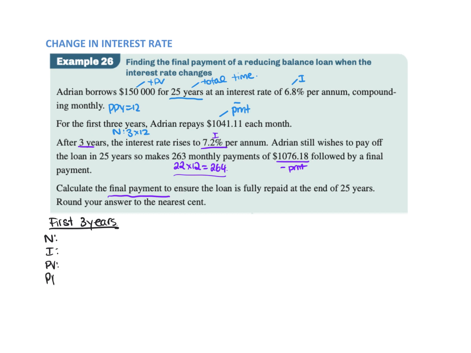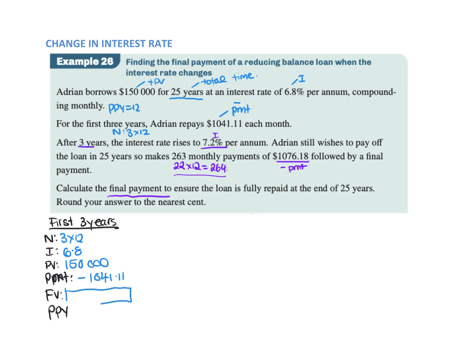So I'm writing down payment, FV and PPY. Let's write down what we've got. It's the first 3 years, so it's 3 times 12. The interest rate was 6.8, and he borrowed, so he got it in his hands to begin with, and he's making payments initially of 1,041.11.